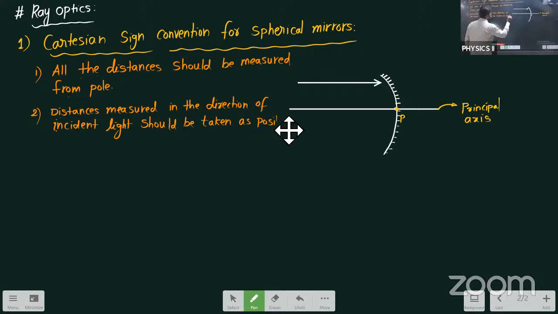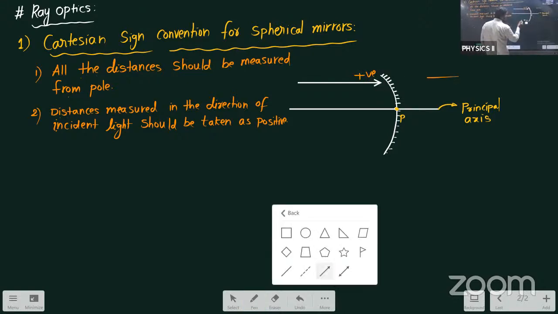This is the second sign convention which you are supposed to remember. If the light ray is coming in this direction and we are measuring the distance in this direction, we should consider the distance to be positive. So these distances measured are positive.